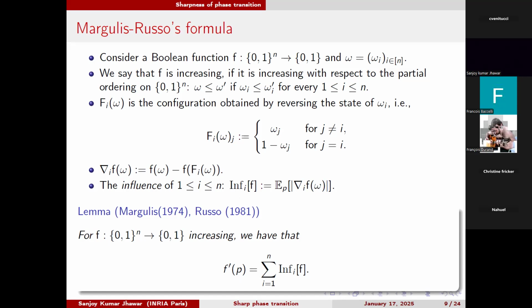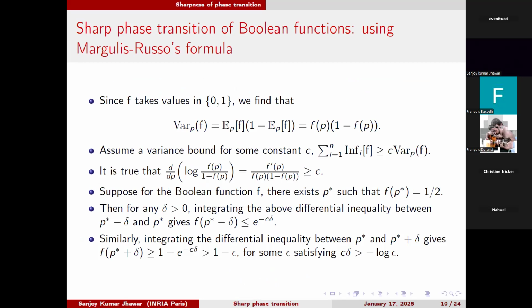Okay. So keeping that in mind, let us try to see how this Margulis-Russo formula can give us the sharp phase transition of the Boolean function. Since the Boolean function takes value only 0 and 1, you can calculate the variance of the Boolean function.